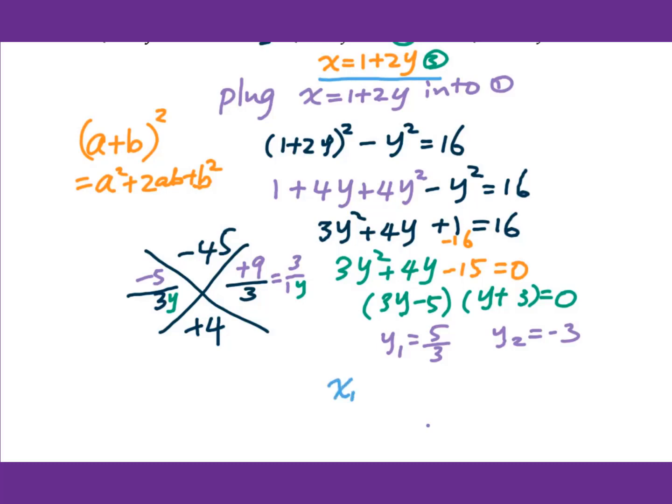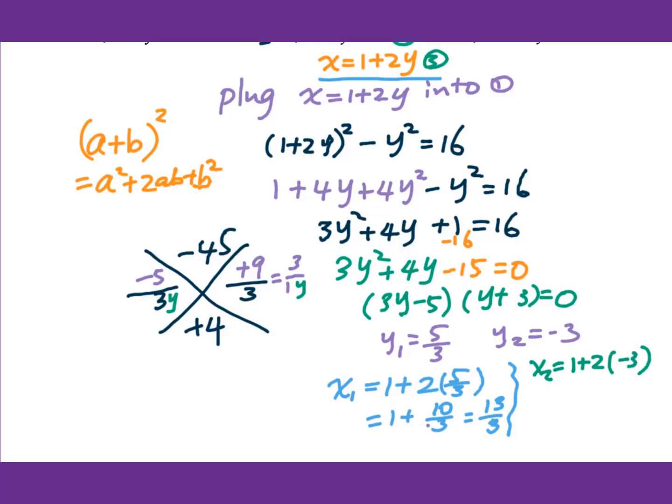Now we need to plug into equation 3 to get the x. So your x1 equals 1 plus 2 times 5 over 3. You will get 1 plus 10 over 3. That is 13 over 3. For x2, you will get 1 plus 2 times negative 3.